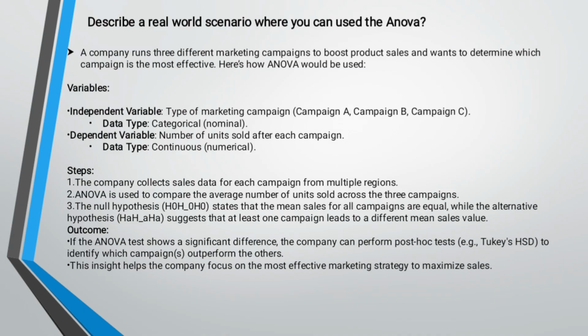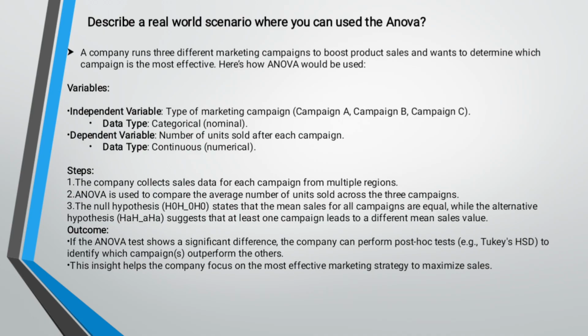Data type: continuous, numerical. Steps: number one, the company collects sales data for each campaign from multiple regions. Number two, ANOVA is used to compare the average number of units sold across the three campaigns.